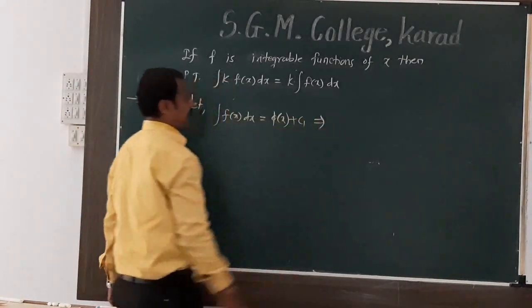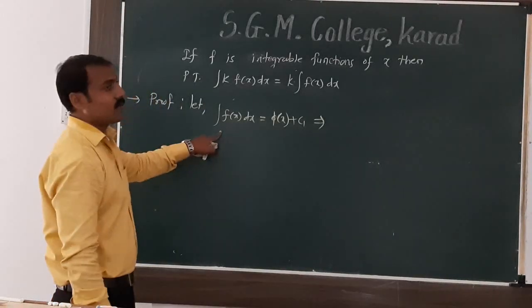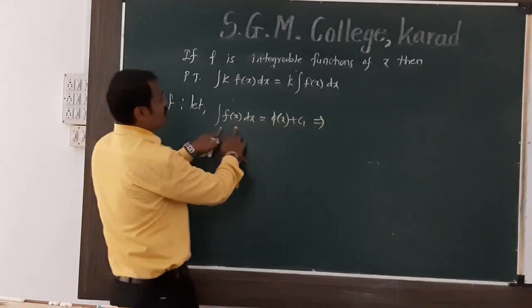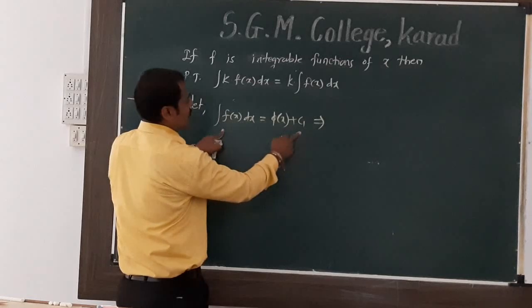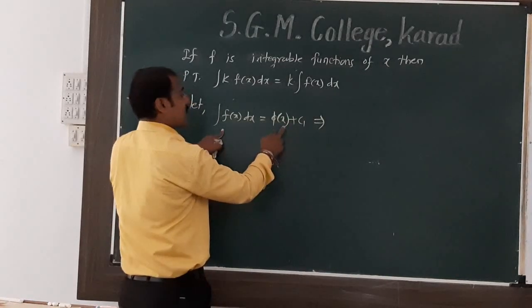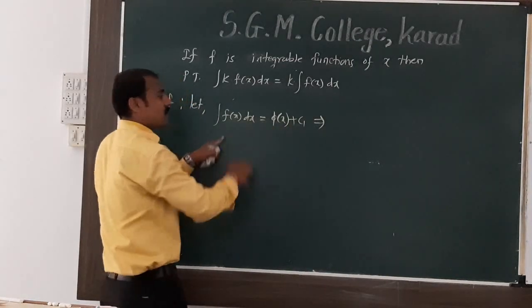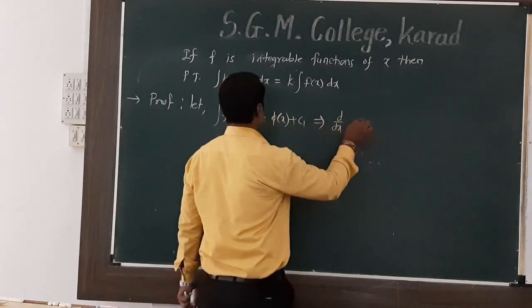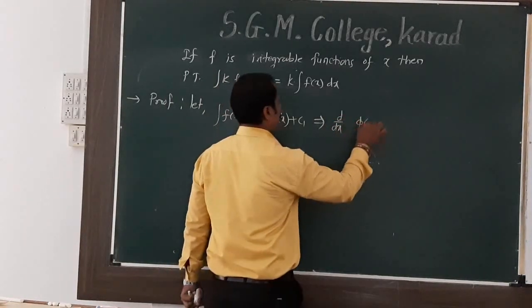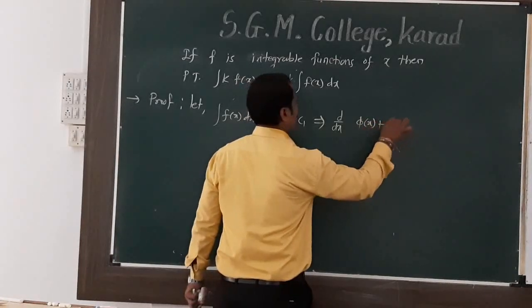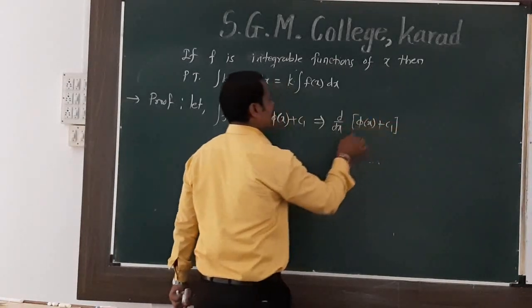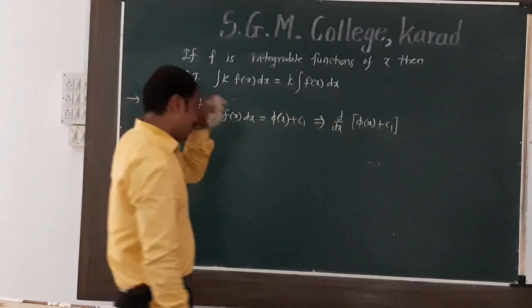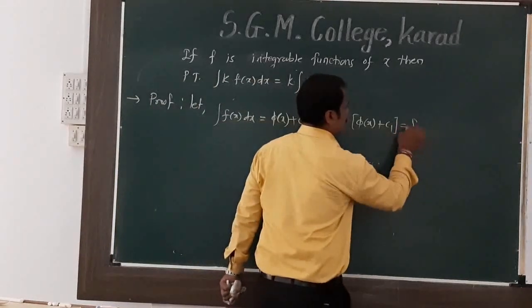This implies that, from the definition of integration, if integration of f of x is phi of x plus c1, then derivative of phi of x plus c1 is f of x. So d/dx of phi of x plus c1 is equal to f of x.